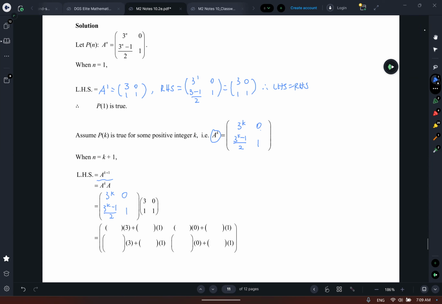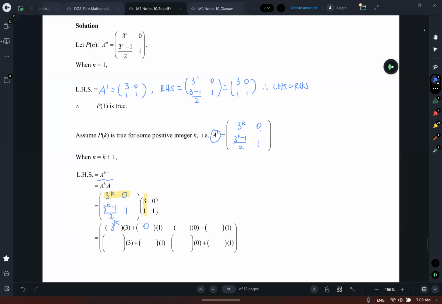So this is my matrix multiplication. I'll use the first row and the first column to get the first value. That is 3 to the k and 0. Oh no, sorry. Lost again.